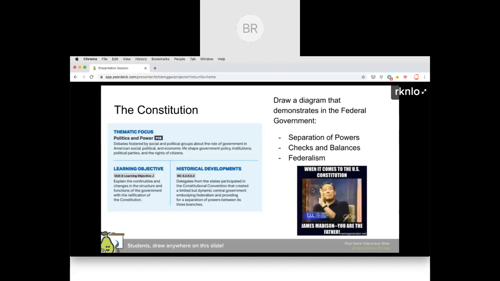Excellent. Yes, yeah. It's the sharing of power between the national government and the state governments. Could we give an example of things that the state government is in charge of and not the national government, technically? School systems. Excellent. Education. Okay. Anybody have a different example of what the states are in charge of that the national government's not in charge of?